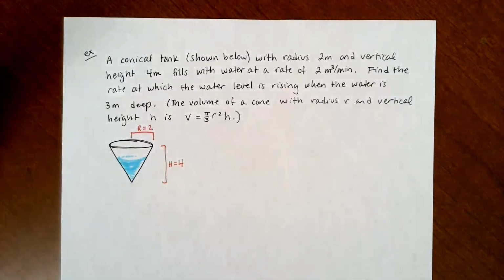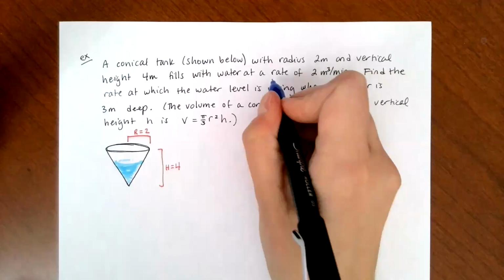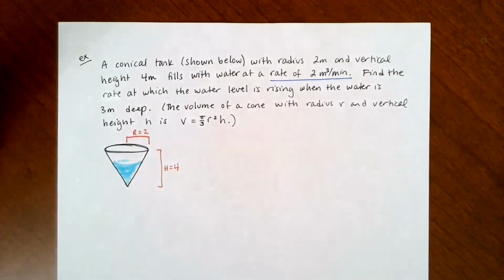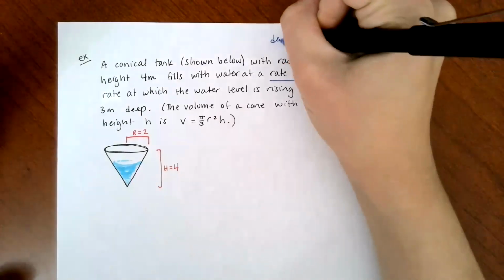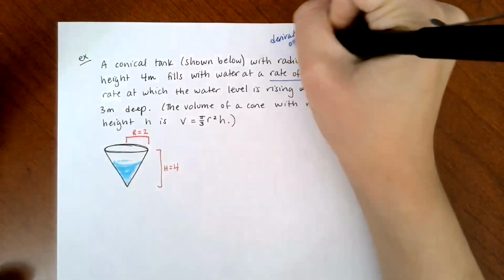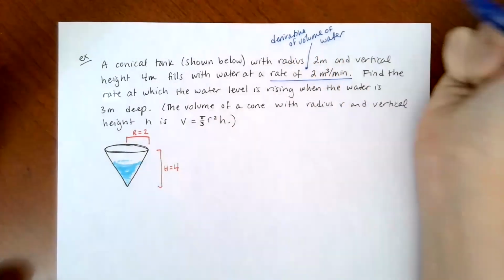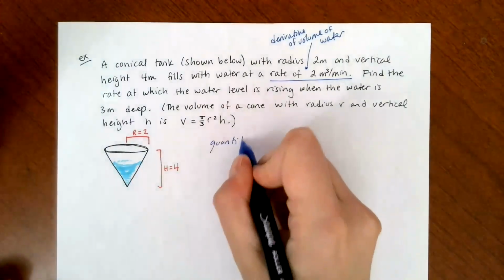Okay, so if we're filling with water at a rate of 2 cubic meters per minute, that's the derivative of the volume of water. So that tells me that the volume of water is one of my quantities.